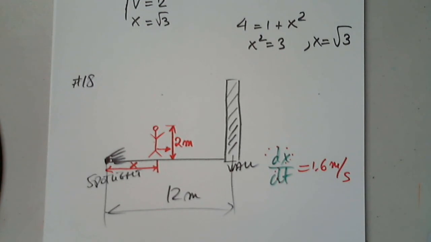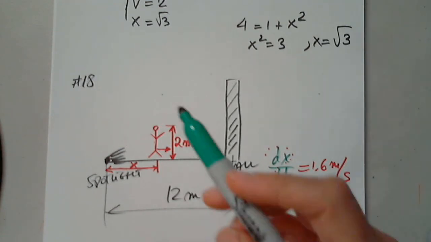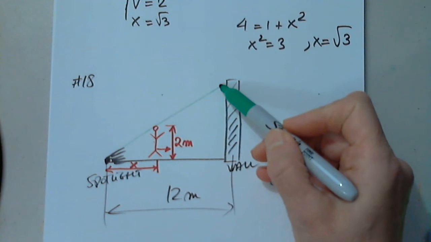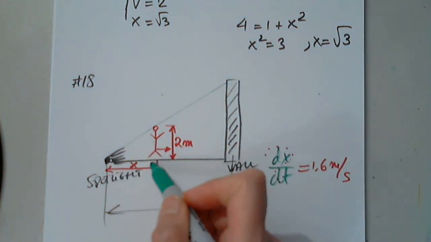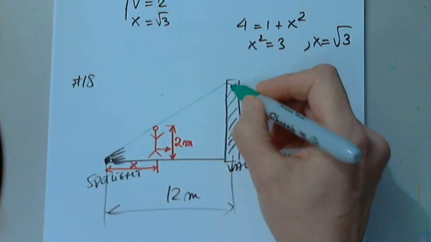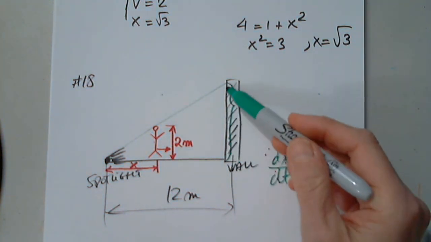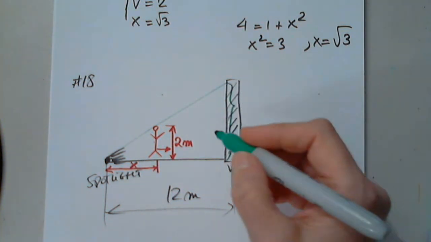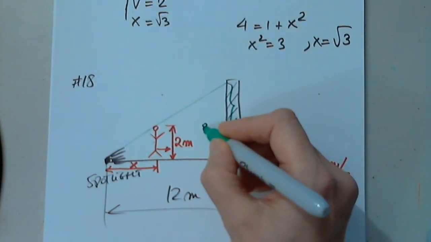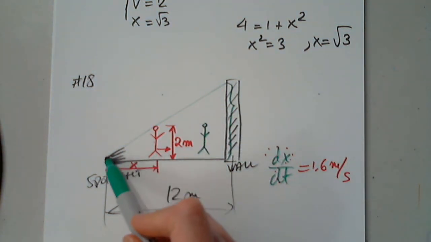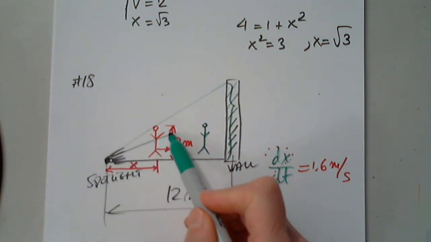How fast is the length of his shadow on the building? Stop. So let's take a look. When he is this far away, this is the length of his shadow. But if the same person is now here, look what happens.